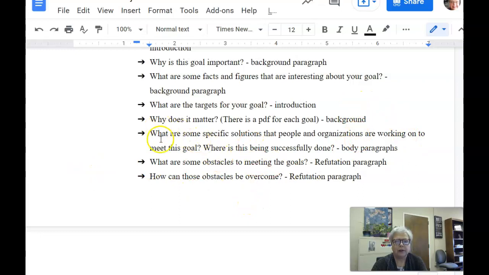And then we're going to look for solutions. Where are these solutions being done? You're going to have to describe them to your reader so that your reader will understand what various organizations or areas or communities are doing.